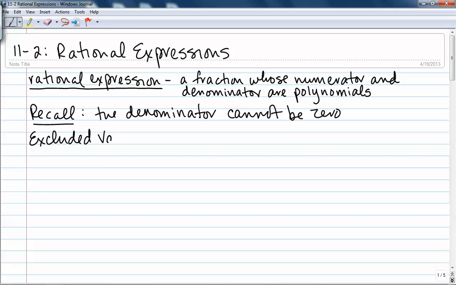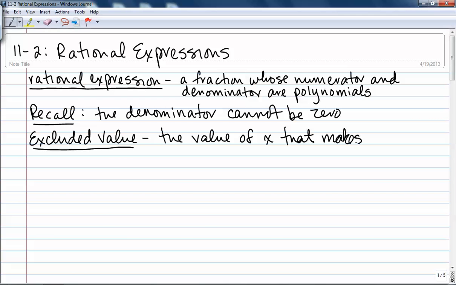The excluded value. This is what x cannot be. It is the value of x that makes the denominator 0.